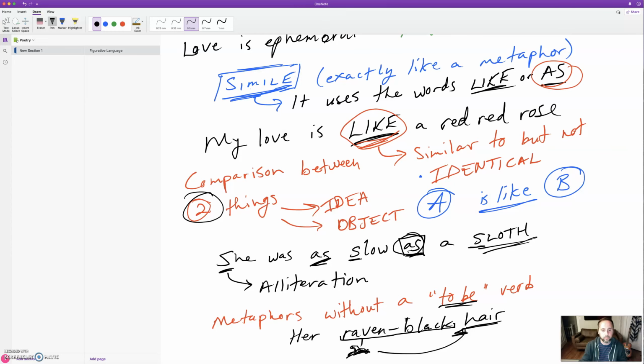So lots of students make the mistake is they see the word like or they see the word as and they think it's always a simile or a metaphor. It's not. If there's is or like or as, it's not always a metaphor or a simile. You have to make sure there are two distinct things in view being compared. Usually an idea or a concept with an object. Two things.